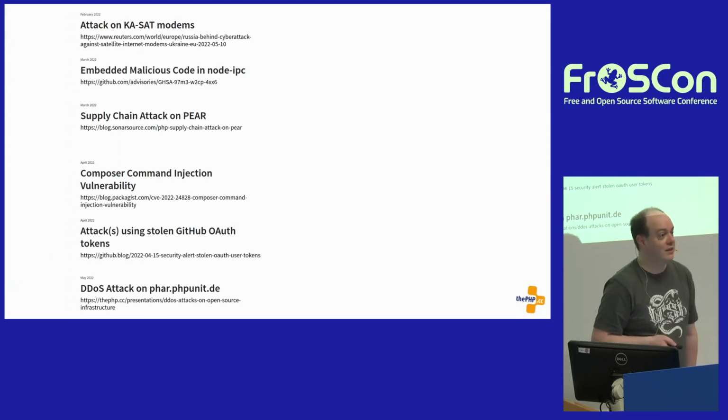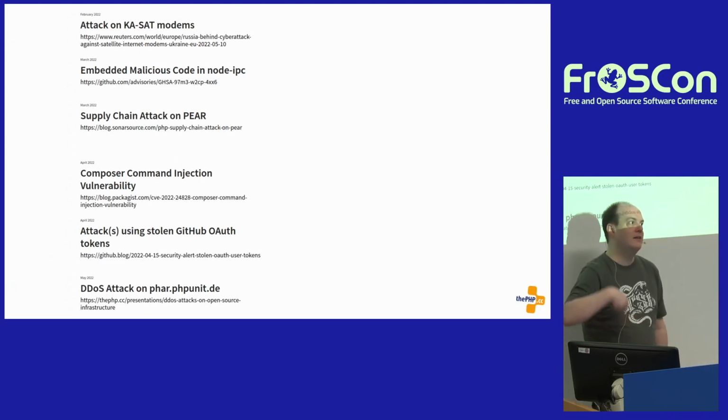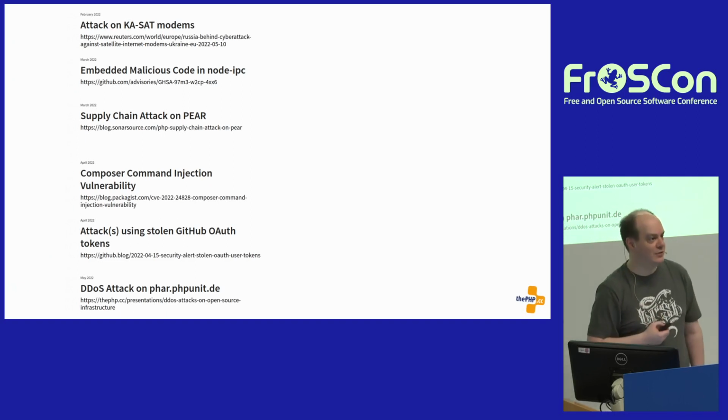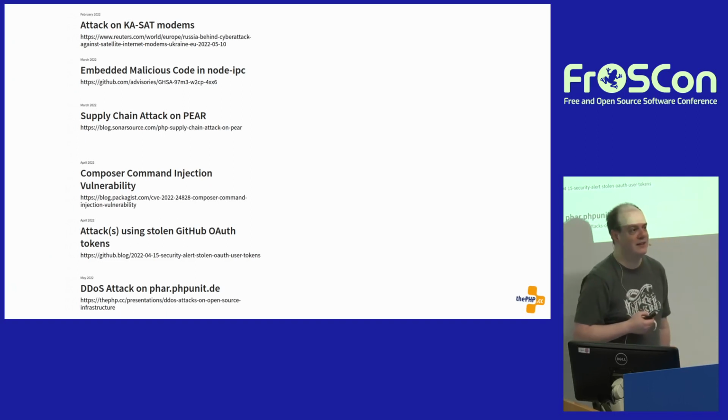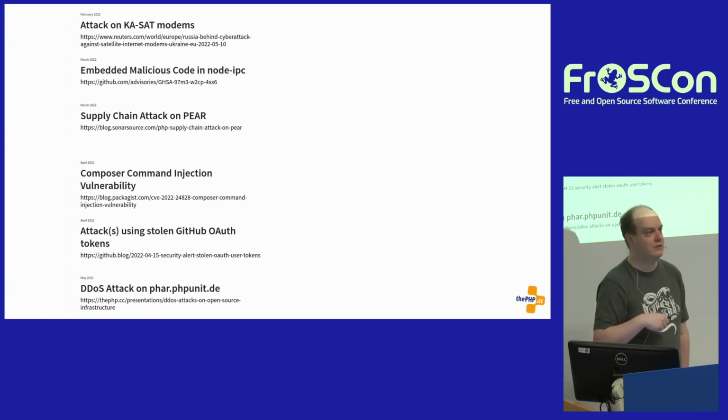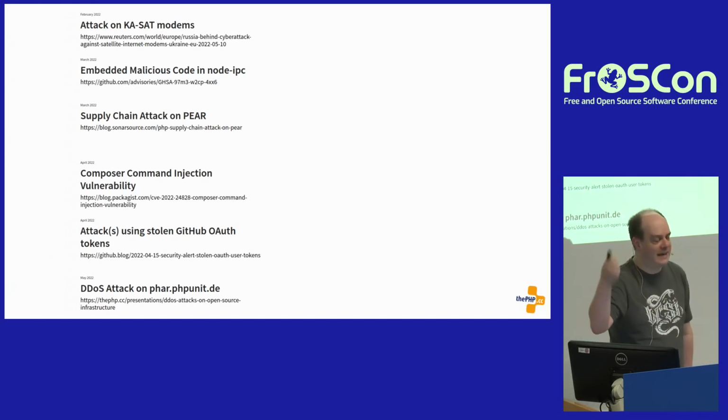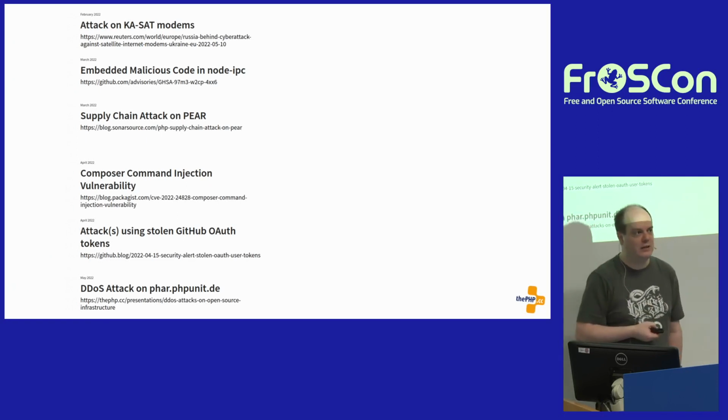Since last year, I have to say, there is a distributed denial of service attack on my open source project PHPUnit, against the server phar.phpunit.de, where you can download PHPUnit as a PHP archive file.